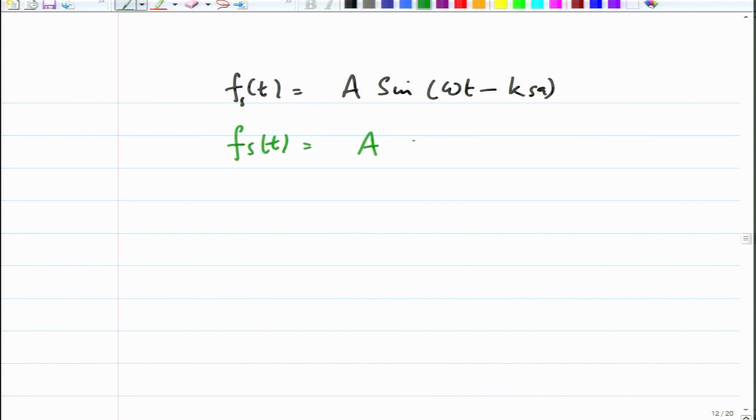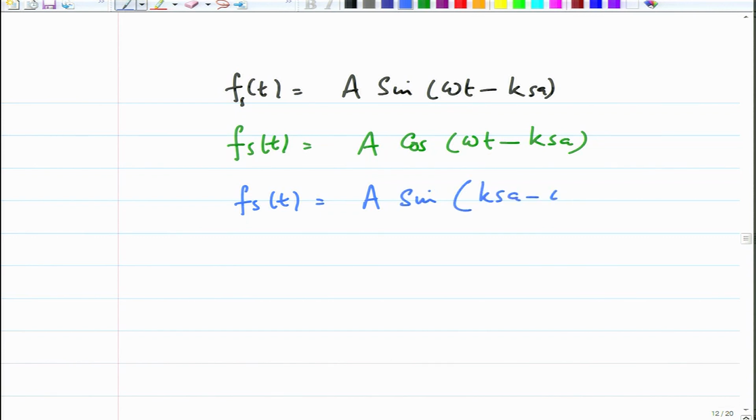In describing solution, I took f s t to be a sin omega t minus k s times a. You could have taken equally well f s t as a cosine of omega t minus k s a. Equally well, you could have taken f s t as a sine of k s a minus omega t, or f s t is equal to a cosine k s a minus omega t, does not matter, you change the sign and phase changes.